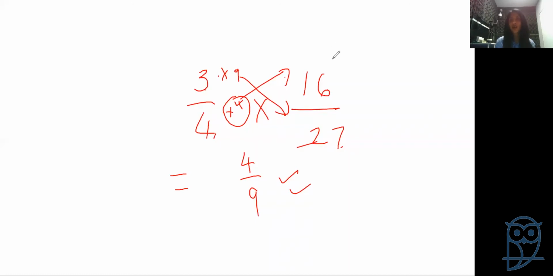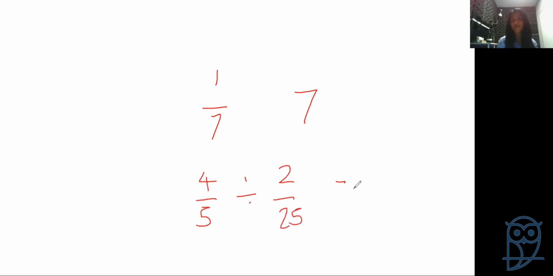Okay, now what about dividing? When we're dividing fractions, we need to multiply. Guys, for example, if I'm dividing 1 over 7, it is the same as me just dividing by 7. Does everybody agree? So if I had an example like 4 over 5 divided by 2 over 25, what should I be doing?